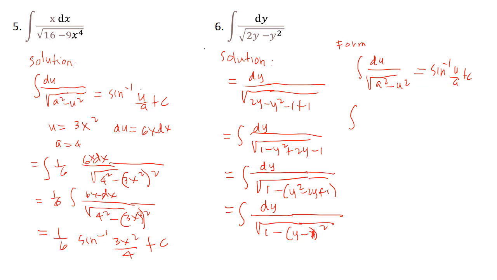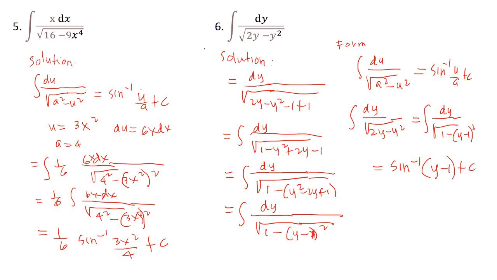So the integral of dy over square root of 2y minus y squared would be written as integral of dy over square root of 1 minus (y minus 1) squared, or simply equals arc sine (y minus 1) plus c.